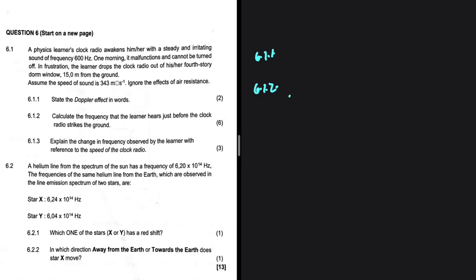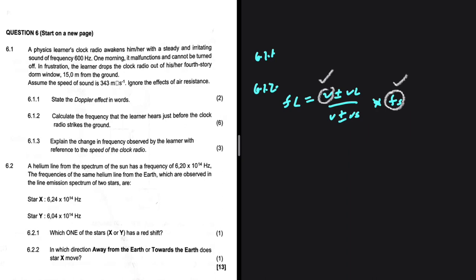So the frequency observed by the learner will be equal to V plus or minus VL divided by V plus or minus Vs multiplied by the frequency of the source. Frequency of source, we have 600, so there is no problem there whatsoever. And then V, the speed of sound in air, is given to us as 343 meters per second.